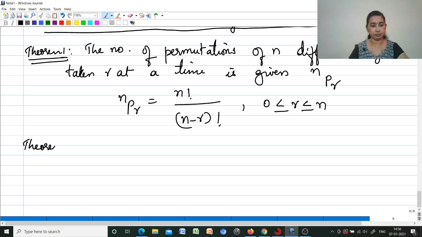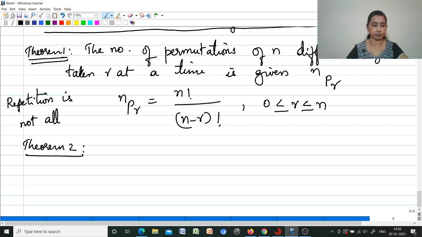Theorem 2: number of permutations of n different objects taken r at a time when repetition is allowed. This is repetition is not allowed. In the second theorem, repetition is allowed.